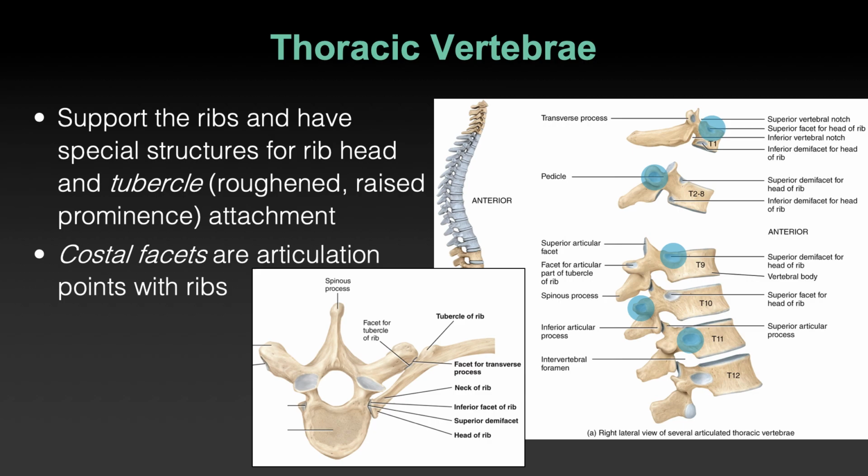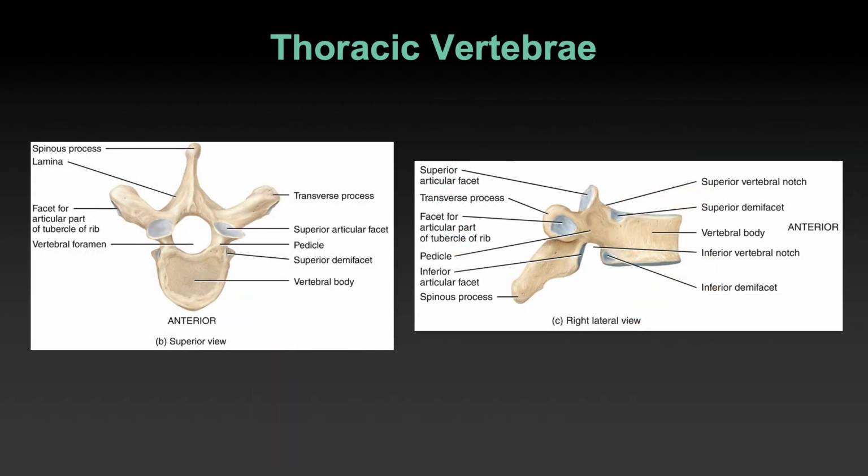But the tubercle, this raised, bumpy portion, articulates with the lateral surface of the transverse processes. And this happens on the left-hand side and the right-hand side. All the ribs connect like this. 2 points of attachment, one near the body, one at the transverse processes. Only the thoracic vertebrae have attachment points for ribs. So you see those facets? Thoracic vertebrae.